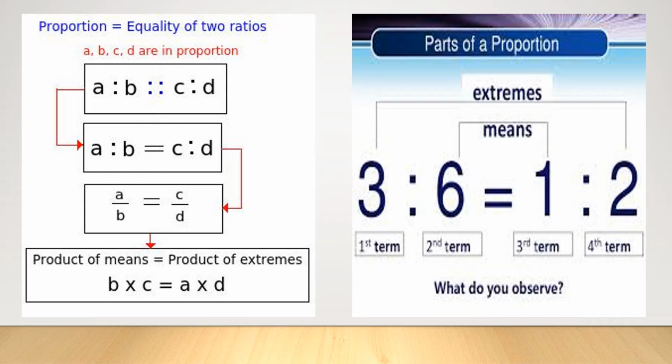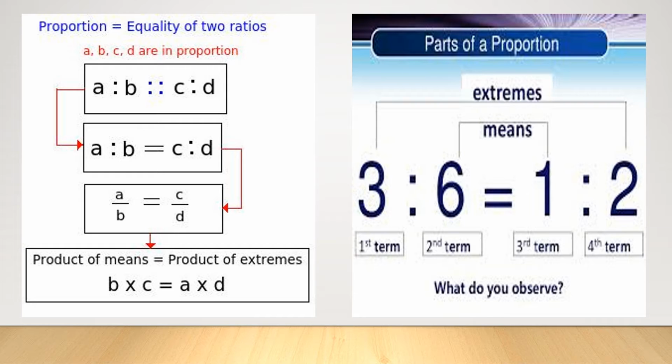Now see one more example here, so you will understand the parts of a proportion better. 3:6 is equal to 1:2. Now 3 and 2, the first term and the fourth term, are the extremes, and the second term and the third term are the means.